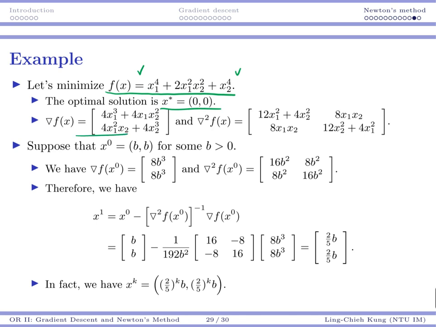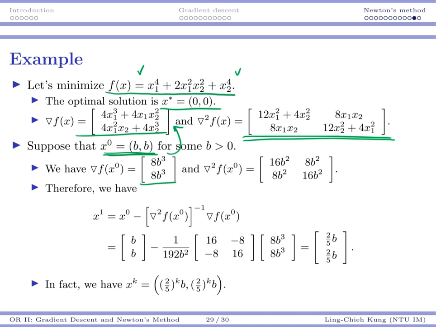And then we have our gradient, and now we don't want to just use gradient. We also want to use Hessian. So we first get our Hessian matrix. Let's say we start at a point which is (B, B) for some positive B. Then you plug in (B, B) into your gradient. So you get 8B squared, 8B cubed, 8B cubed.